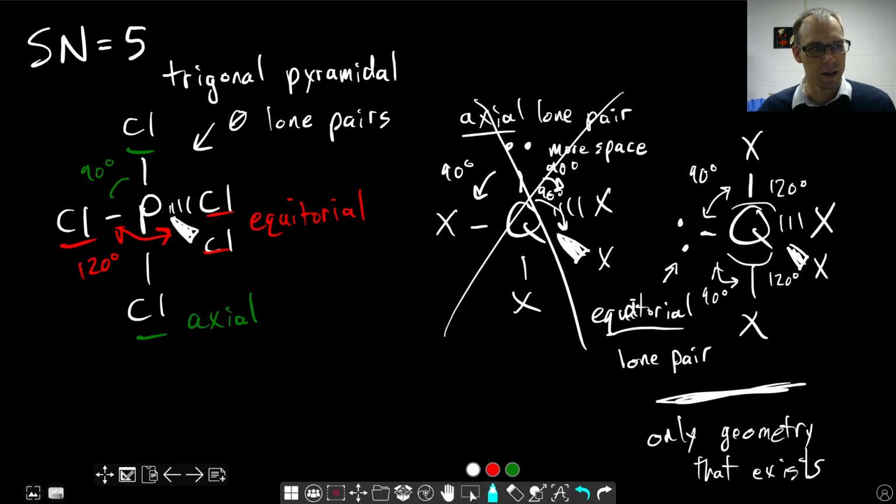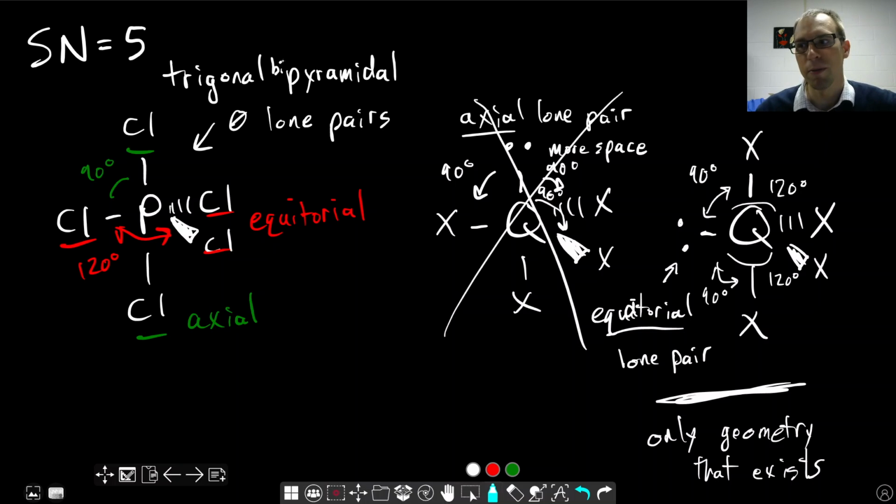The lone pair wants as much space as it can get, and it gets that by being in an equatorial position. So when we add lone pairs into this trigonal bipyramidal structure, because trigonal pyramidal is different, the lone pair will always favor the equatorial position. It's never going to go in the axial position.